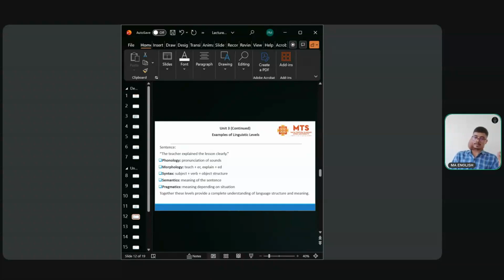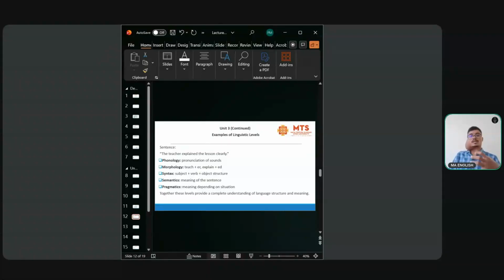It's the literal meaning. And at the level of pragmatics, we ask, what does this sentence mean in a particular context? If a student says this to a friend after the class, like in your case, Bobita saying to Kesa, the teacher explained the lesson clearly, it might simply be sharing information, right?